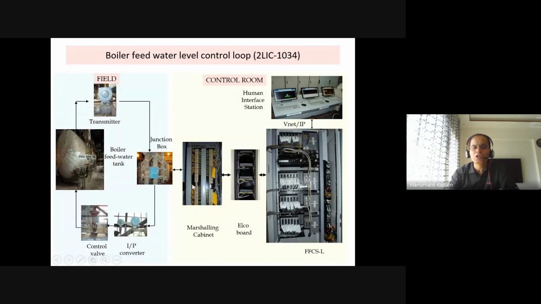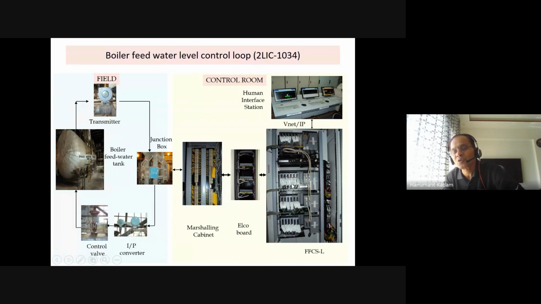Then when we are talking about a marshalling cabinet, it means the wiring and all in the control room. This is the control room, so this is a marshalling cabinet. You see the terminals, and the wires are separated here with proper tagging. Then with some signal conditioning, some conversion is required, signal isolation is required, and then these wire signals come to the IO cards.